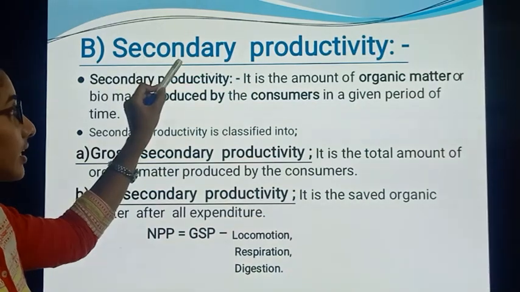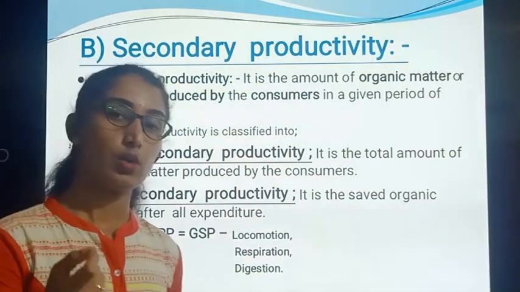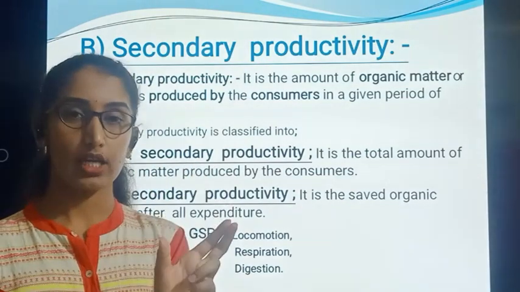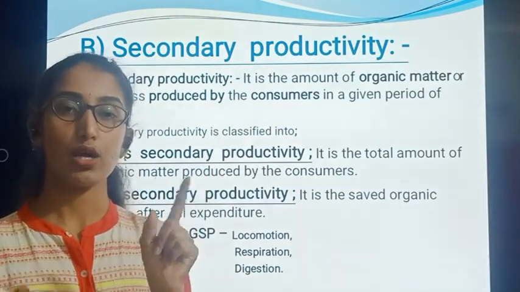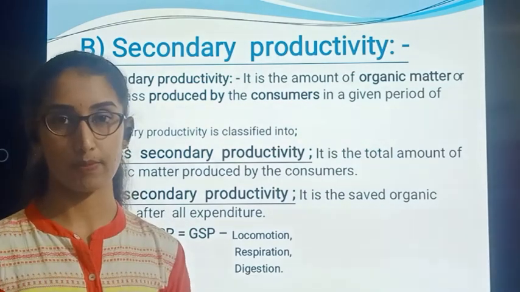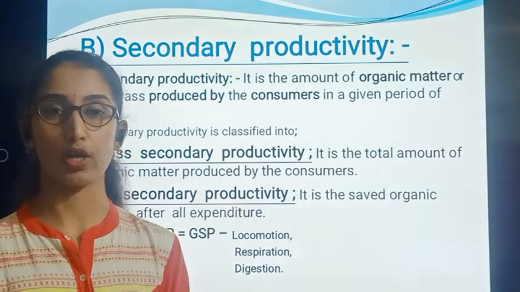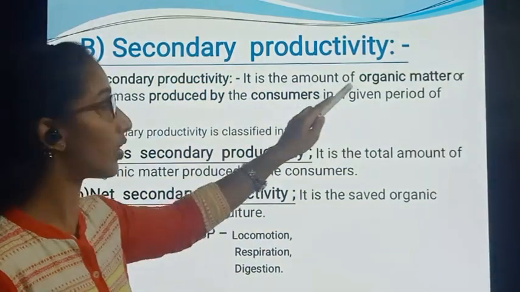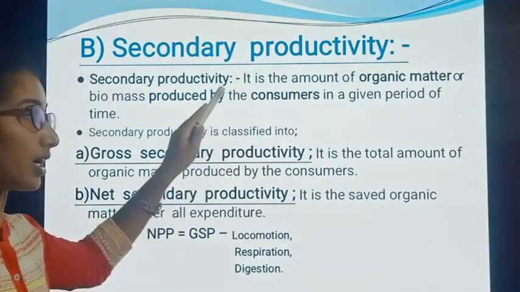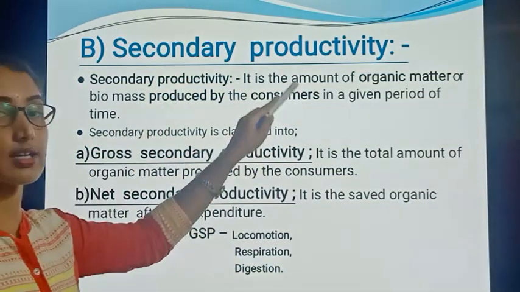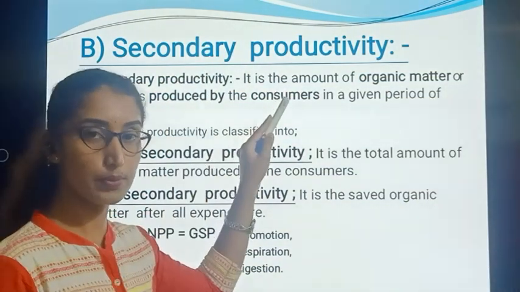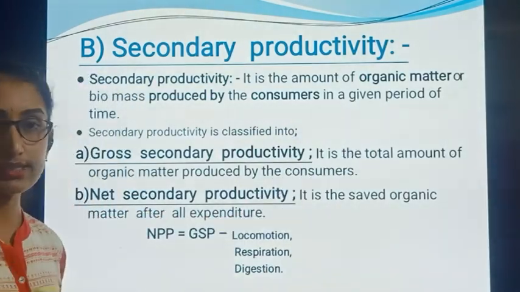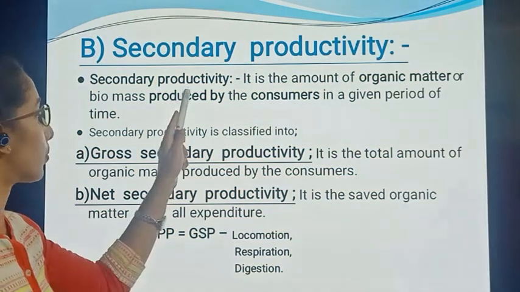We said that primary productivity means the amount of organic matter produced by the producers. Secondary productivity means the amount of organic matter or biomass produced by the consumers in a given period of time.